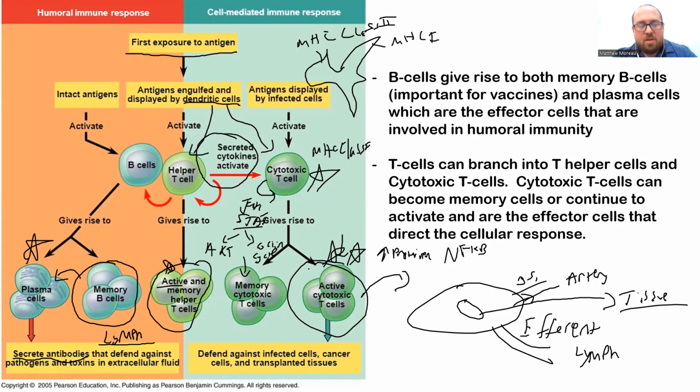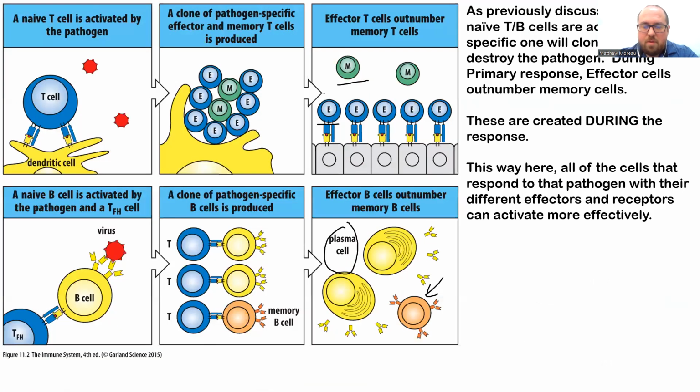Now, I want to take a moment before we go any further. We have this concept of what B cells do and what cytotoxic T cells do, right? Cytotoxic T cells engage with MHCs, just like natural killer cells. In this case, it's the duality.